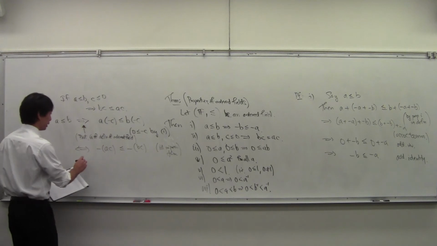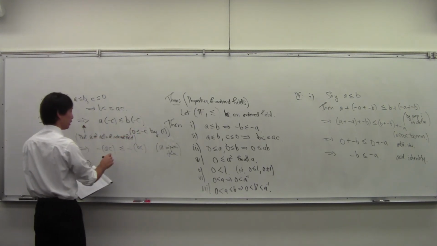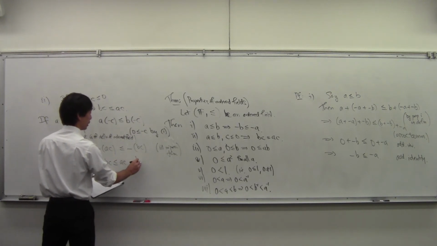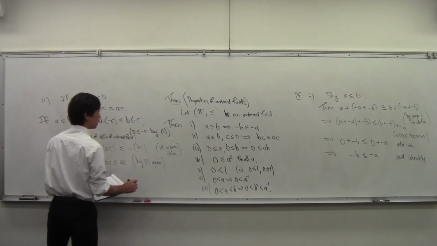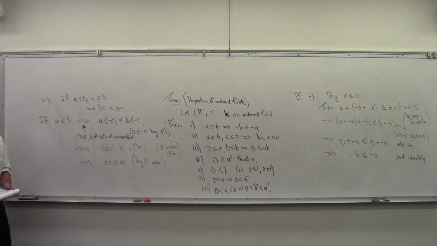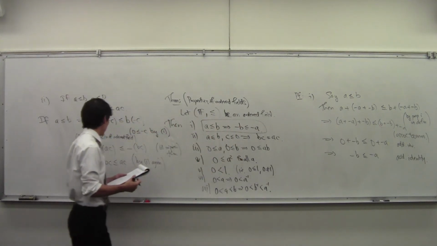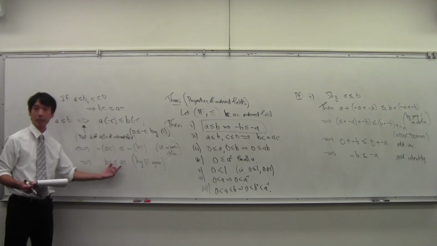And then, by part 1 again, we get that BC is less than or equal to AC. Remember, part 1 said that if you take the additive inverses, then you change the direction.